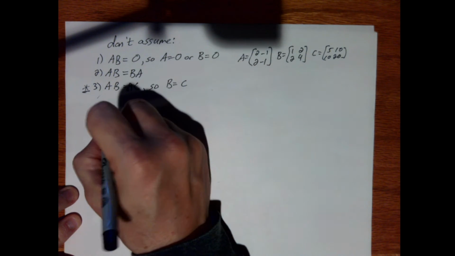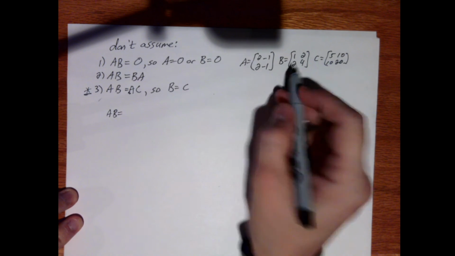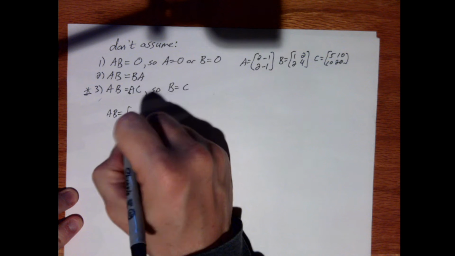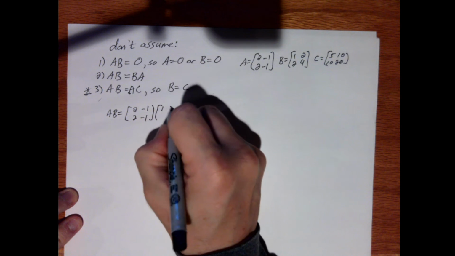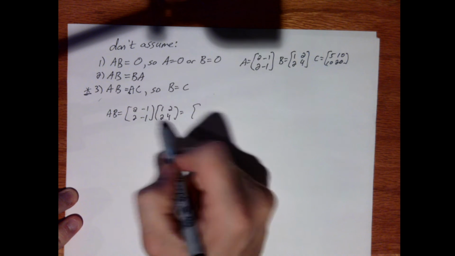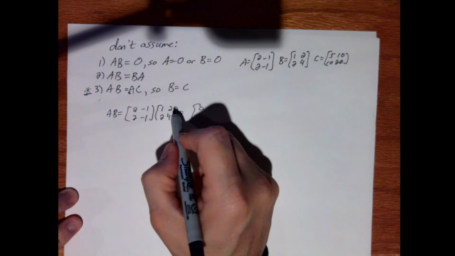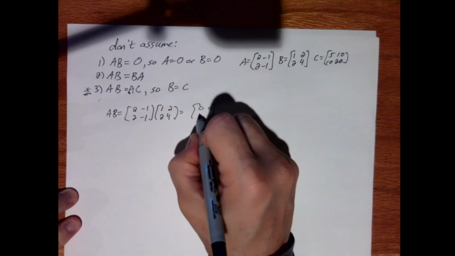So first let's do A times B. Clearly we can see these aren't equal to 0, but is the product equal to 0? So I have 2 minus 2, 0. 4 minus 4, 0. 2 minus 2 is 0.